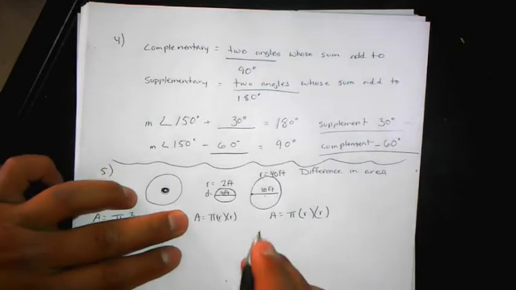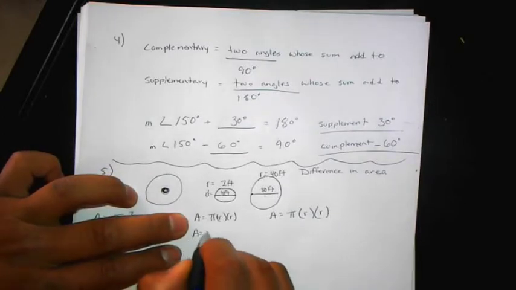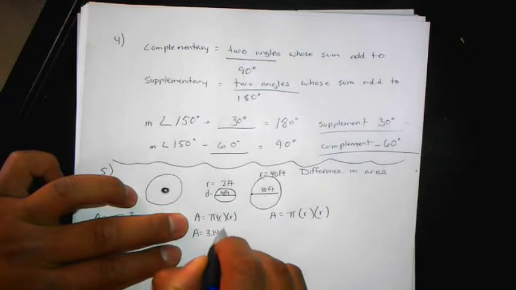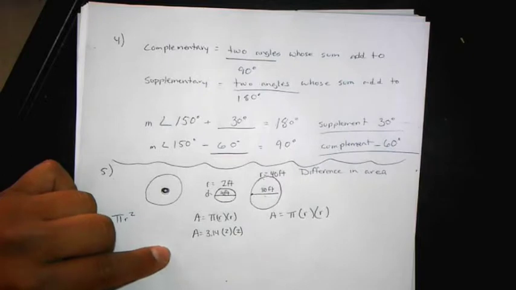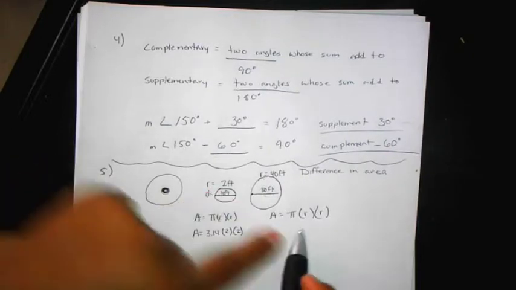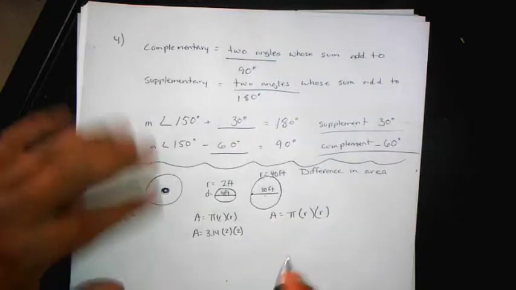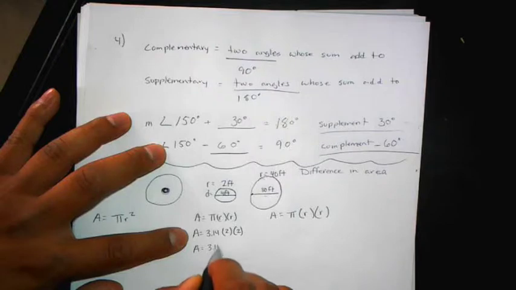Now I'm going to fill in the first one. Area equals pi times the radius, which is 2, times the radius, which is 2. It just turned out that 2 times 2 gives me 4, but you'll see right away that not in this case. So let me follow it real quick. Area equals 3.14 times 4.